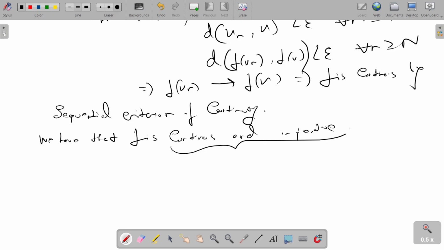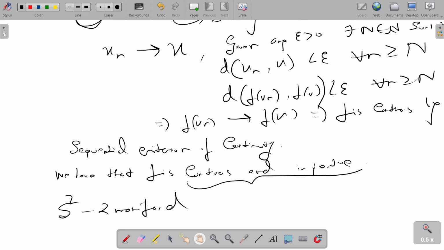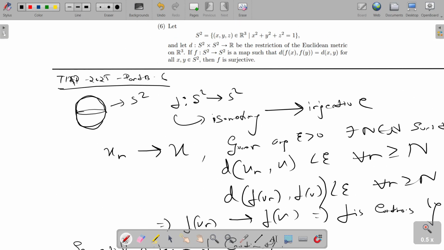Now let us talk about the structure of S square. S square is actually a two-manifold, because of course it's Hausdorff, second countable and all that. Let me go back to my very bad diagram. Locally, if you take a neighborhood, it will be homeomorphic to an open set of R square.